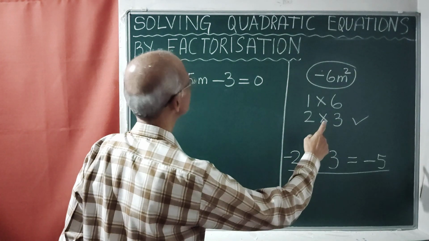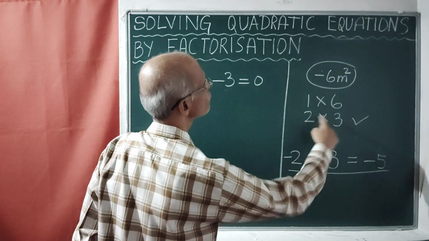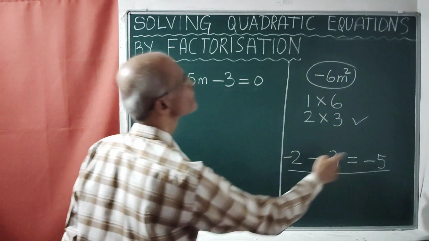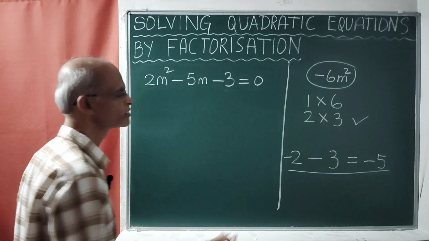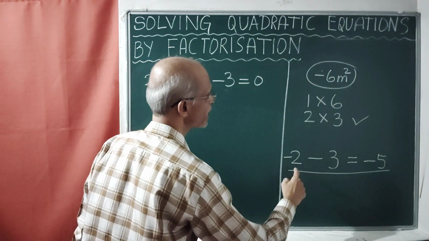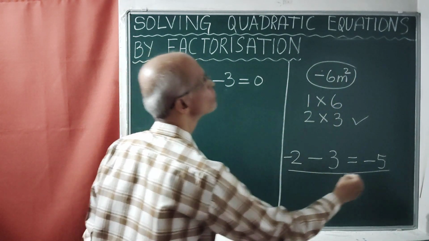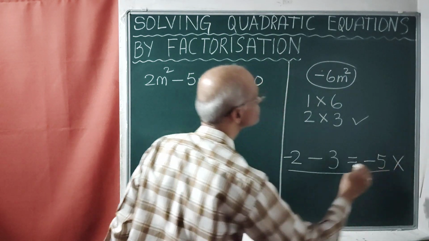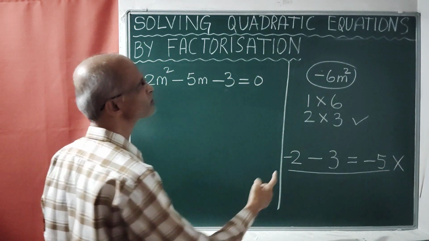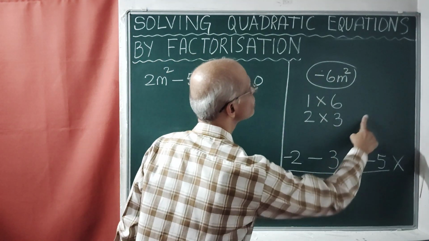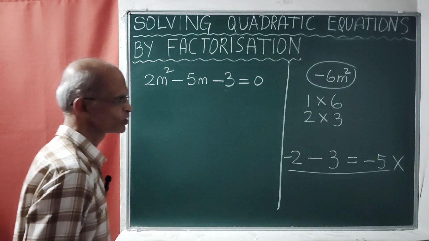But when I cross check, when I multiply these two, am I getting that? No, I am not getting that, because I will get plus 6. So this pair is not going to serve the purpose.